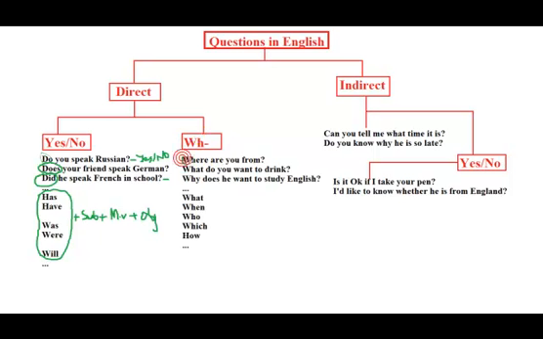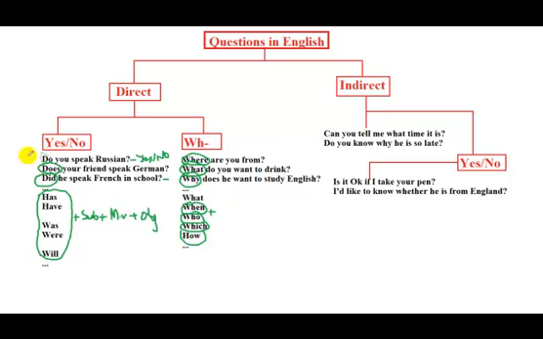For example, where, what, why, when, who, which. And also we have the word how, which even though it doesn't start with WH, is counted among them.